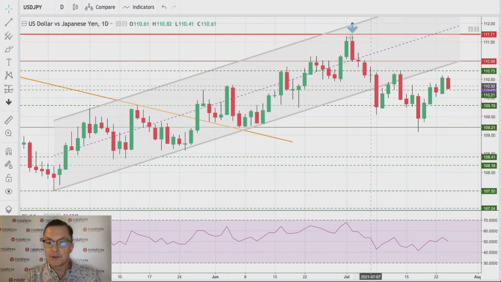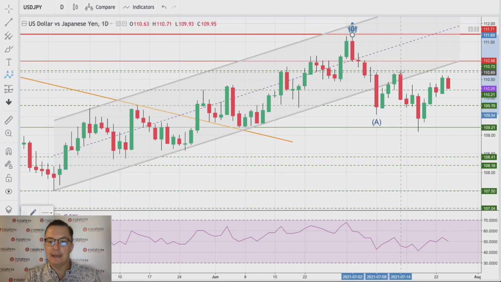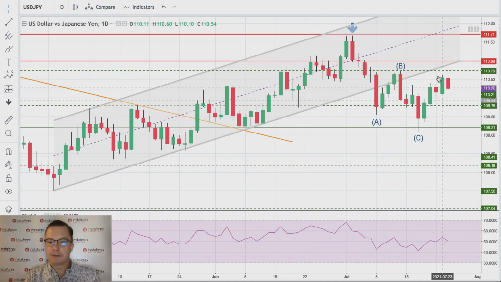But now we got the first impulsive-looking drop down, so we can even put some kind of Elliott wave pattern on this, right? So we have the A, the B, the C pattern here, but please remember this might as well be a corrective decline. So far we have 3 waves.